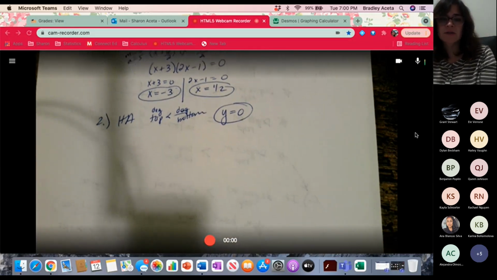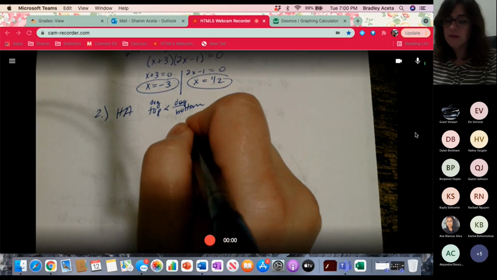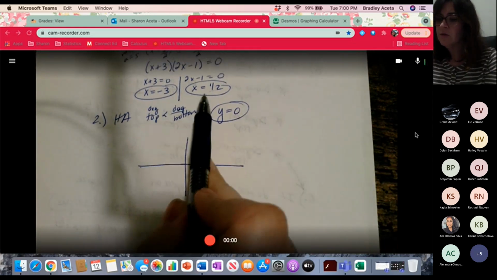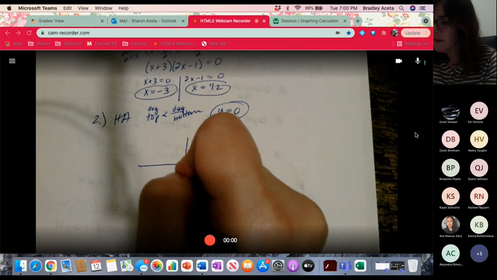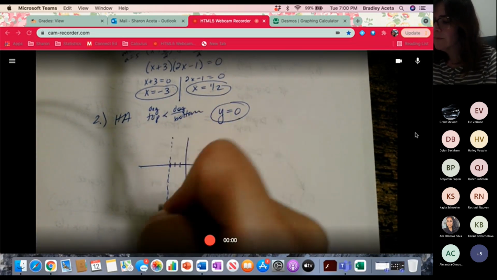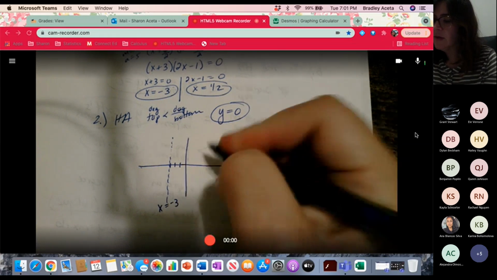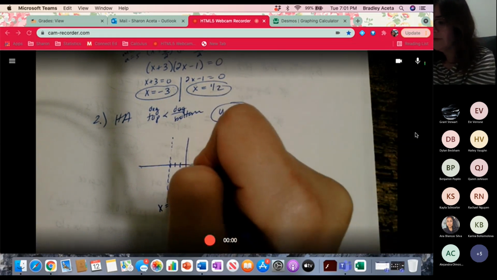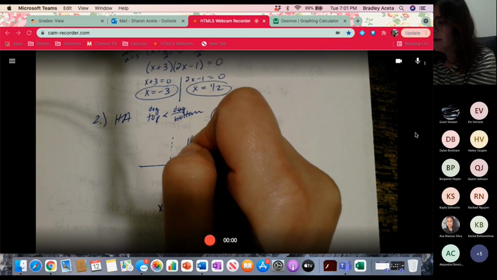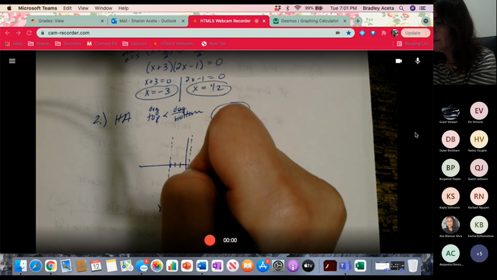All right, so let's graph this. Let's see what this looks like. This is going to be really, really interesting. So you have 2 vertical asymptotes: x equals negative 3, and then you have another one at 1/2, which would be like, if here's 1, 1/2 would be right there.